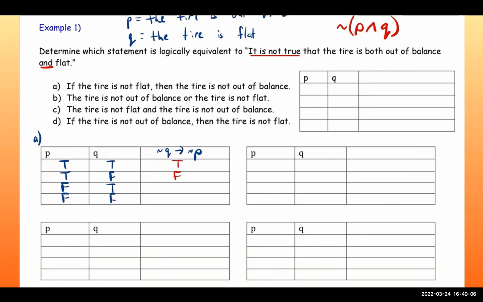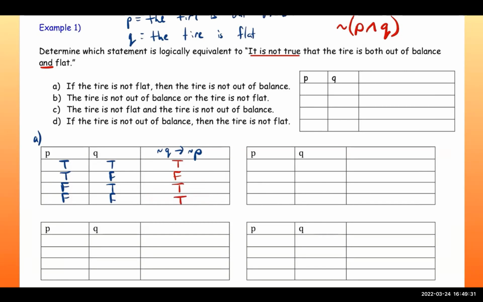The next one would be not Q, that would be false, implies true. Since it starts with the false, that means it's automatically true. And then the last one would be not Q, then not P. If true, then true, that is true.